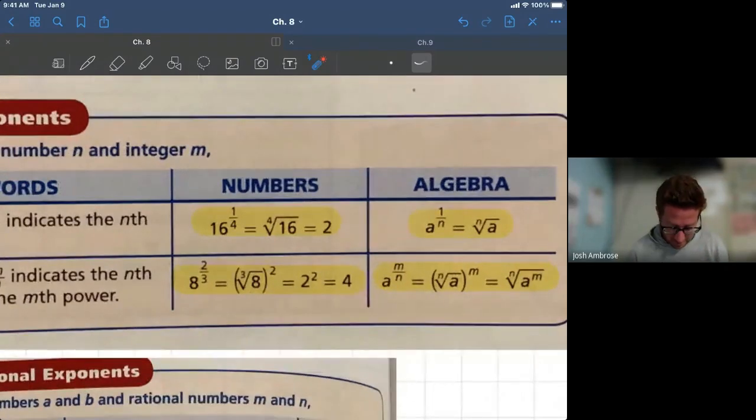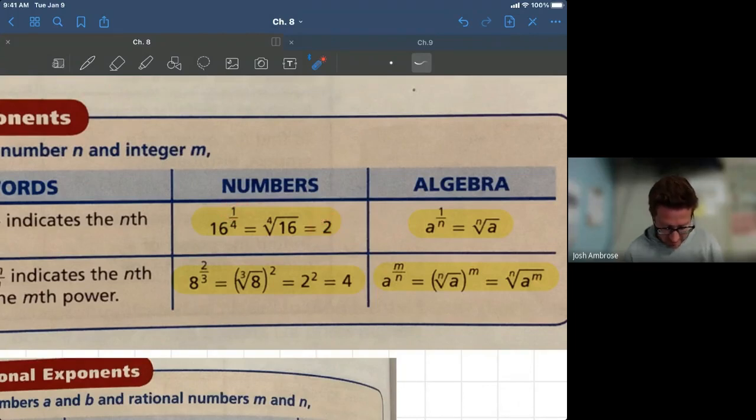What I mean by that is we are going to focus by looking at that 4, because that bottom number tells you what radical you are using. That's a 4, so that means we are taking the fourth root right here. So in other words, a fourth root. Then you take a look at the numerator, the top number, and that is what you would use as a final exponent in your answer. So 2 to the power of 1 still is 2.